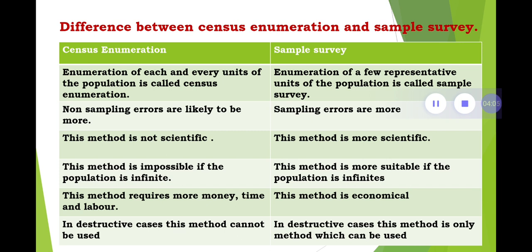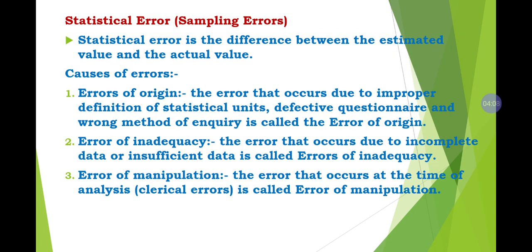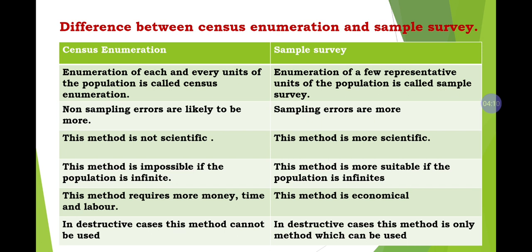Next, this method is not very scientific, because we do not use any scientific methods; we are just counting the population of a country, a state or an individual area by the census method. So there is no scientific method here.